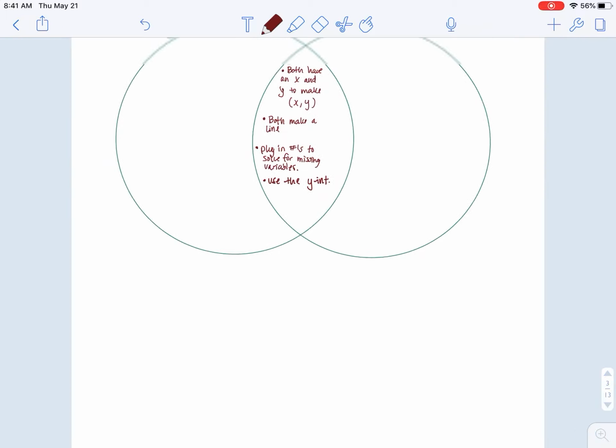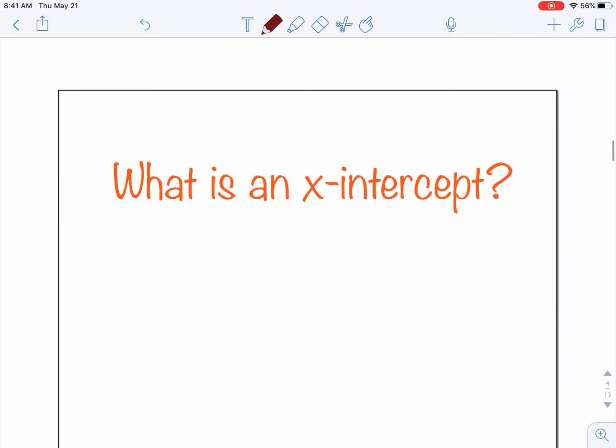We use the y-intercept in standard form, but we also use the x-intercept. The x-intercept is also very, very important in standard form. So what is the x-intercept? I'm going to guess that maybe you can figure it out.